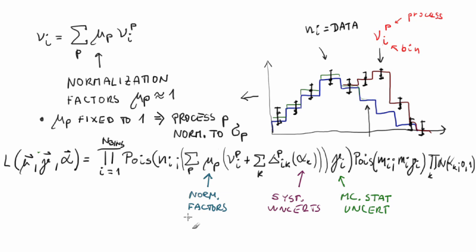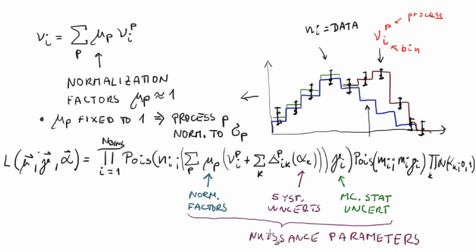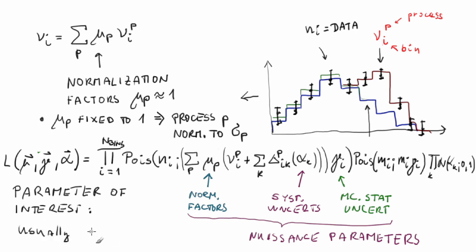Usually, we don't care about most of the α, γ, and μ parameters. In the particle physics jargon, we call all parameters we don't care about nuisance parameters. Of course, we should have at least one parameter of interest. Otherwise, we wouldn't bother with all this complicated construction of the model.